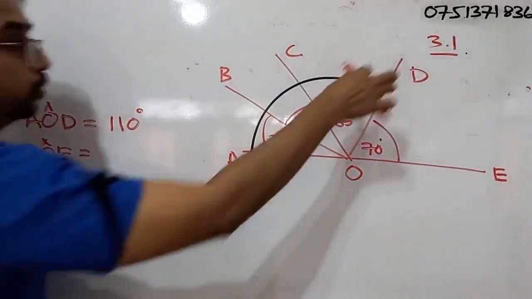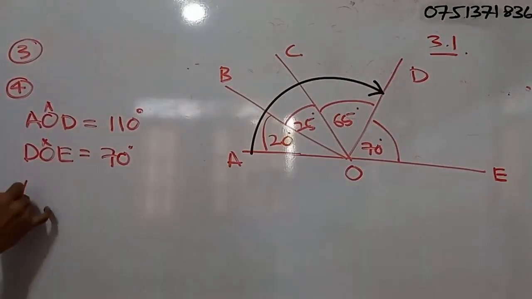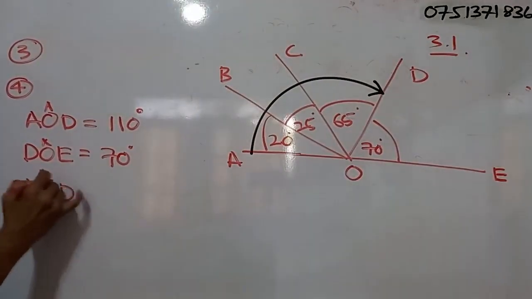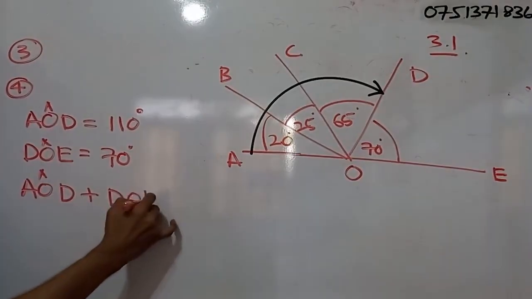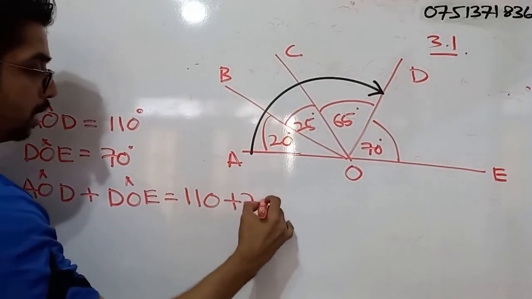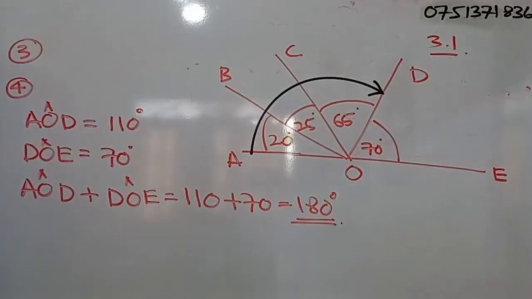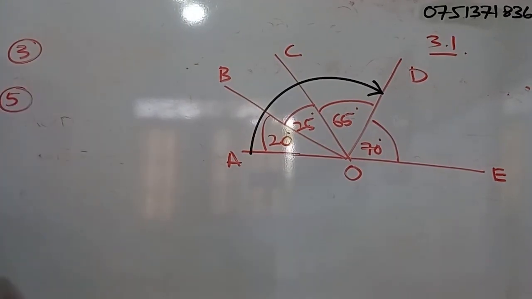Look at the diagram. When we add these together, AOD angle plus DOE angle, that means 110 plus 70. So the magnitude is 180 degrees.